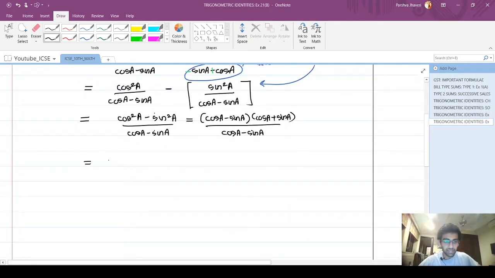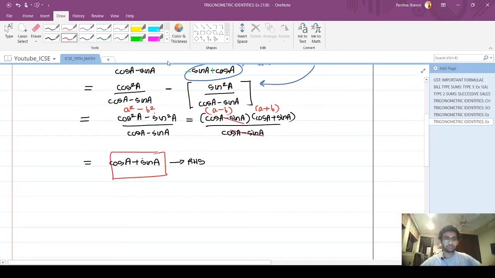Once cancelled, we will be left with cos A plus sin A. Very simple sum. This is your RHS. For those who didn't understand, A square minus B square is A minus B into A plus B. Cancel, cancel. We are left with our RHS.